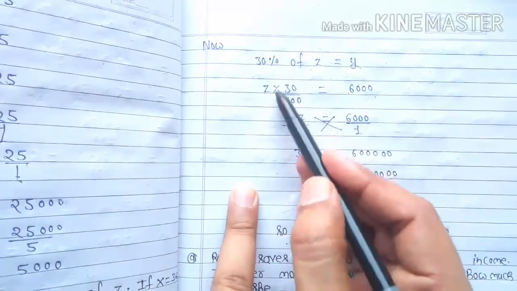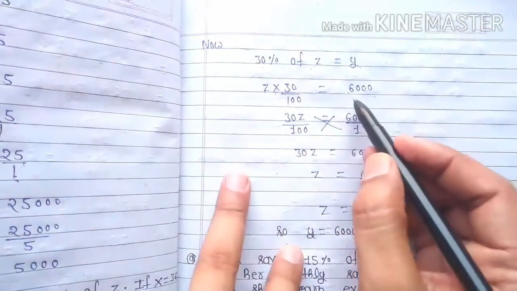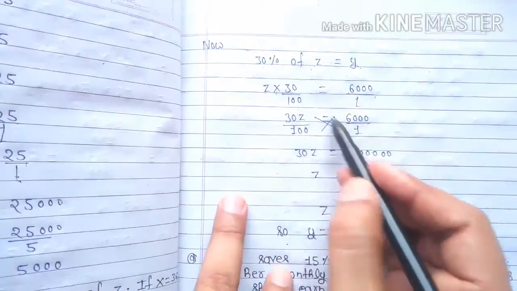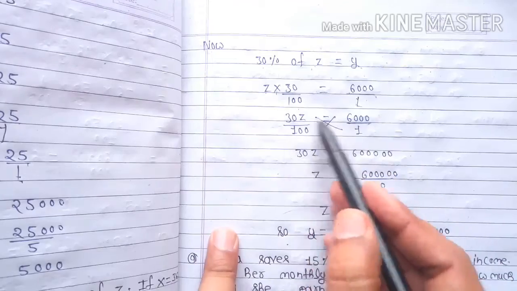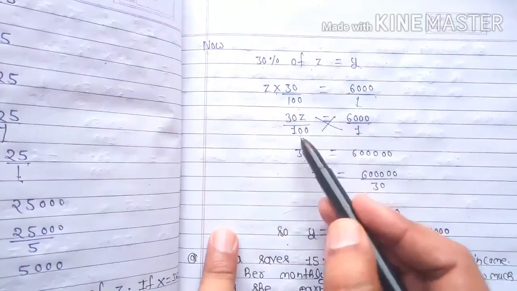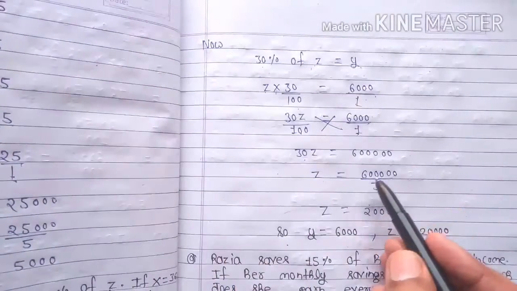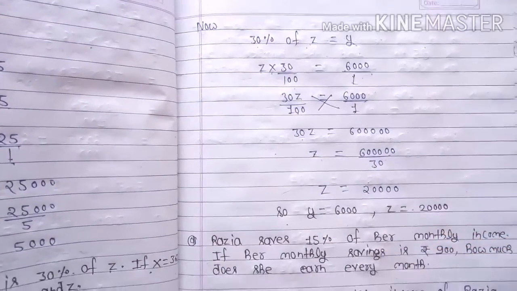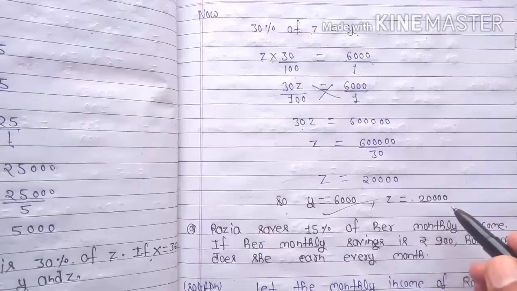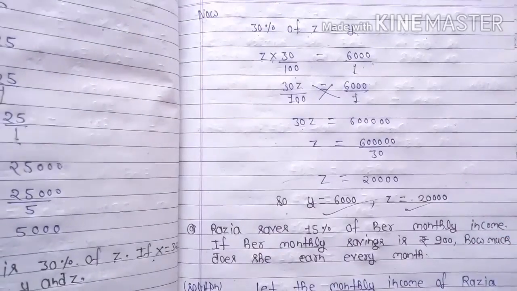So z into 30 upon 100 is equal to 6,000. You can write it like this. Again cross multiply: 30z into 1 is 30z, and 6,000 into 100 is 600,000. Z is equal to 6,000 upon 30, so z is equal to 20,000. So the values of y and z are 6,000 and 20,000 respectively.